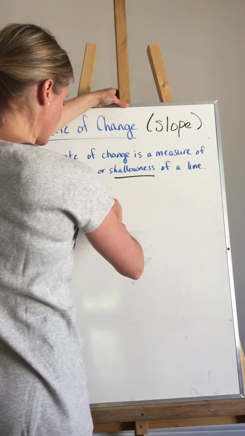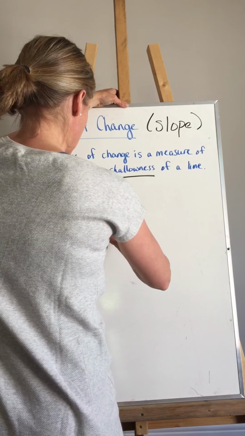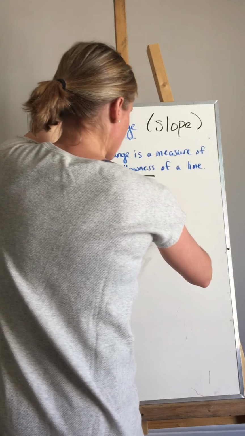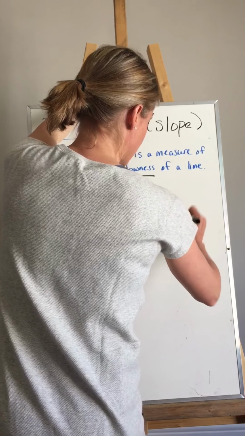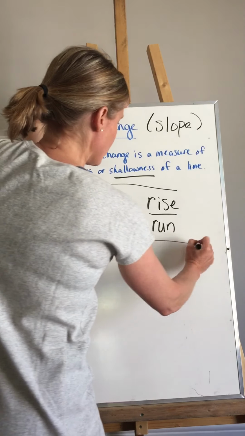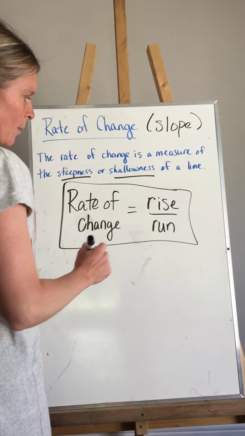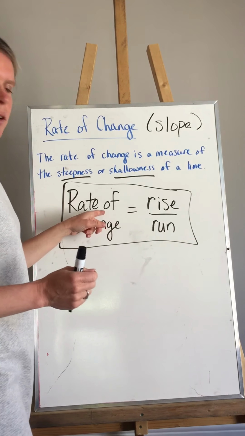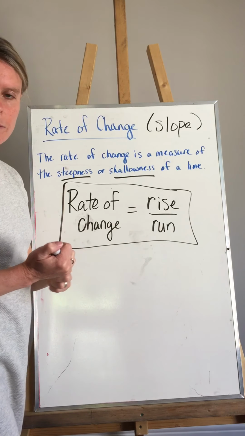So you can just remember this equation. So the rate of change is equal to the rise over the run, okay? So for now, you can just copy that down somewhere in your notes. And then what I'm going to do is go over a few examples that shows you how to calculate the rate of change using the rise over the run, okay?